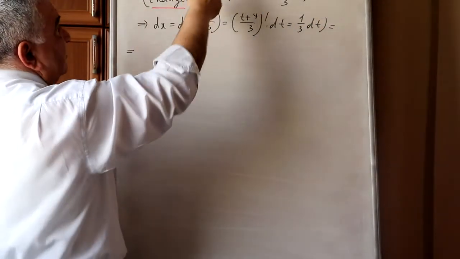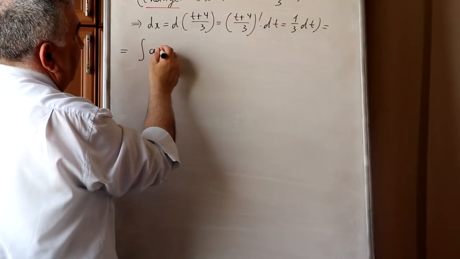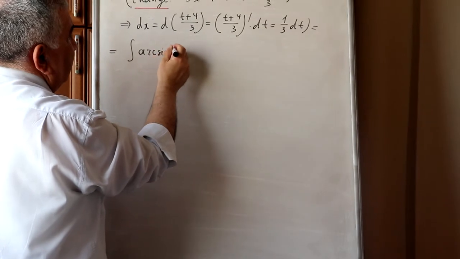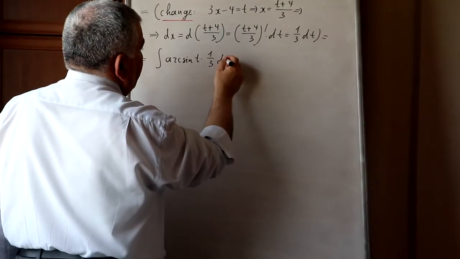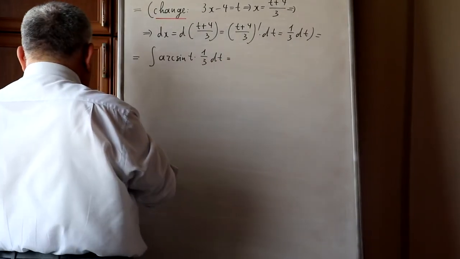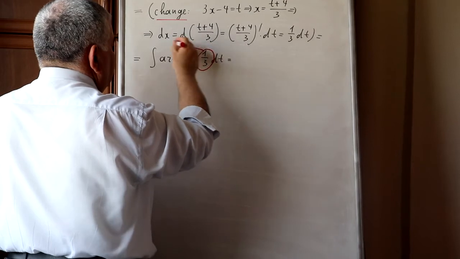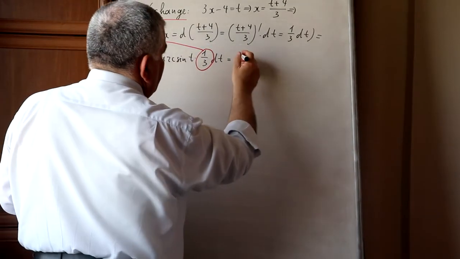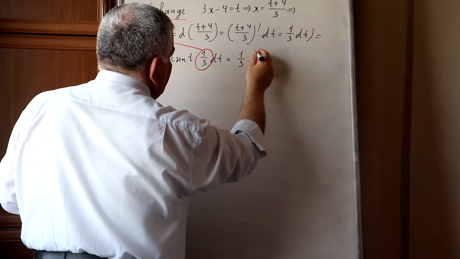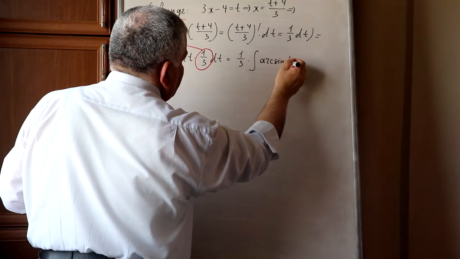Apply this change to the given integral. Arcsine t multiplied by 1/3 dt. Then we can take 1/3 out of the integral symbol. 1/3 multiplied by the integral of arcsine t dt.